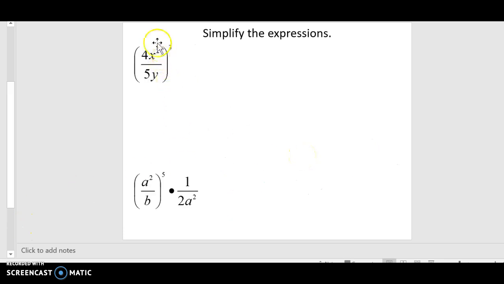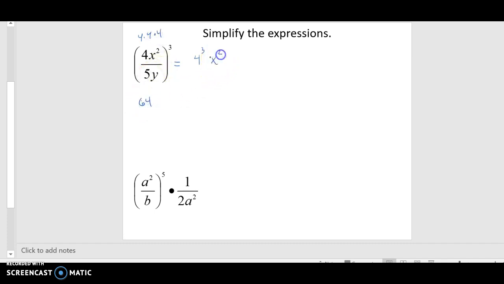Next one, right? Everything here. At this point, hopefully we can do this. I'm going to raise 4 to the third power, which is going to give me 4 times 4 times 4, right? And that's 64.